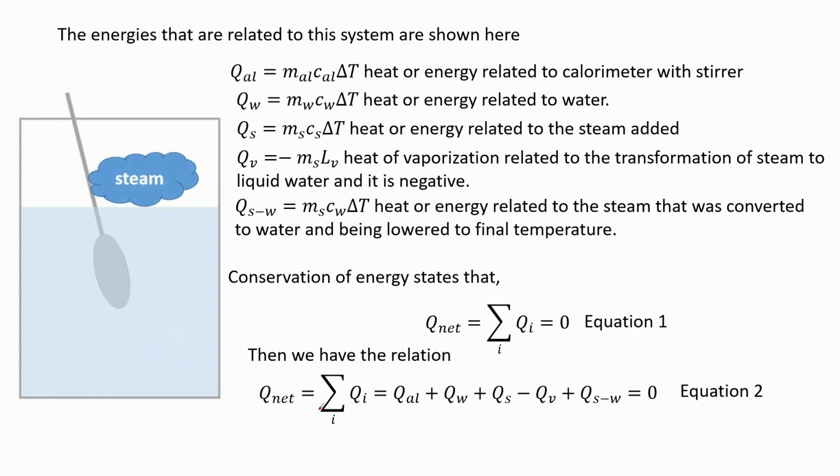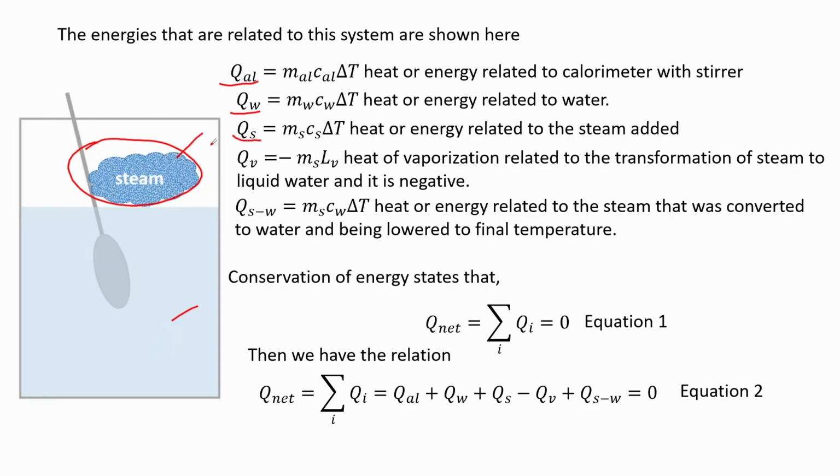So we have the system here. So you have steam being added onto the aluminum and water that are initially at T naught. So we consider the energies that are present. So you have the energy or the heat coming from the aluminum, then the heat coming from the water, this water here, the heat coming from the steam.